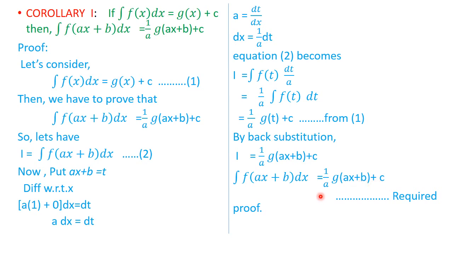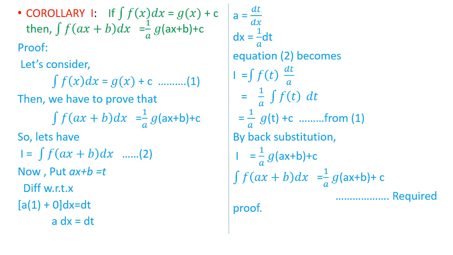So simply, after integration, the integral is multiplied by 1 by a, the reciprocal of the coefficient of the variable x, and we have already seen it, so there is no need to explain it again.